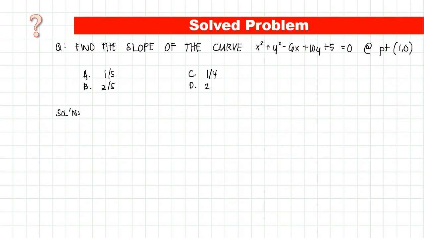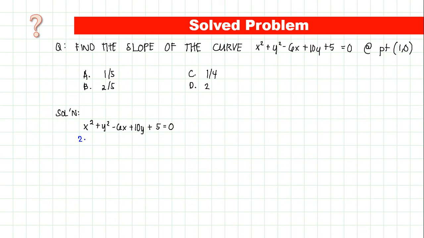So, let's say we have this solution. Okay? So, for the solution, of course, sulat muna natin yung ating equation, x squared plus y squared minus 6x plus 10y plus 5 is equal to 0. Then, kukunin natin yung ating implicit differentiation, no?